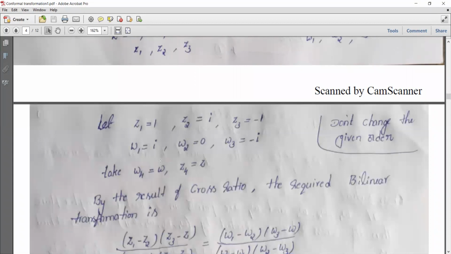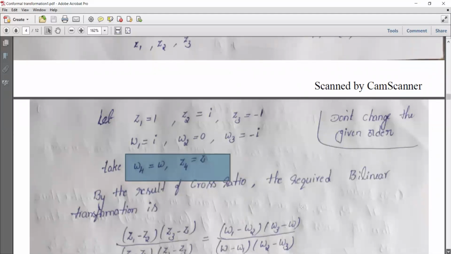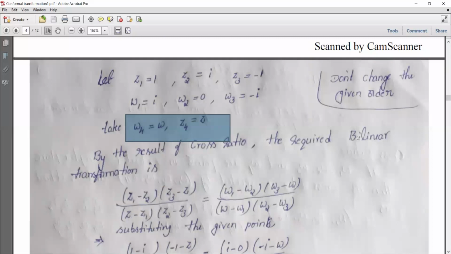For convenience, I am assuming W4 as W and Z4 as Z. Any doubt?